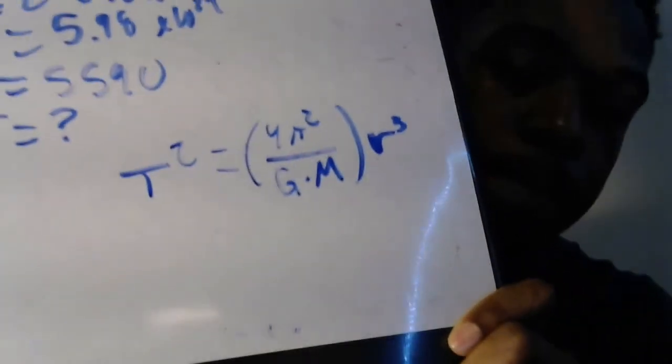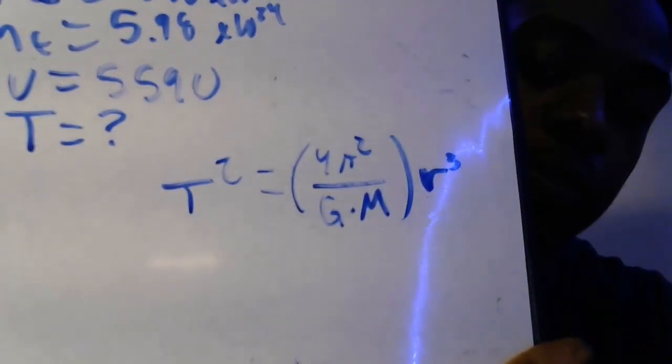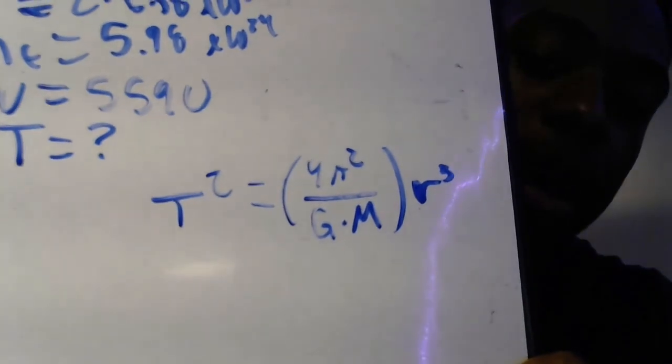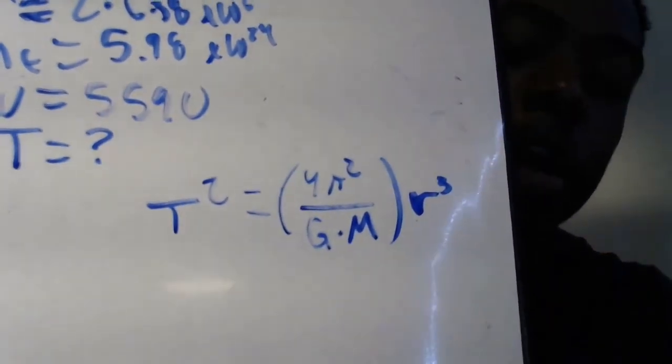So that's going to be the mass of Earth here. I'm going to use the radius, radius cubed. So it should be exactly what's on your formula sheet. I wrote it right here. Period squared equals 4 pi squared over big G times big M times R cubed, or the radius cubed.